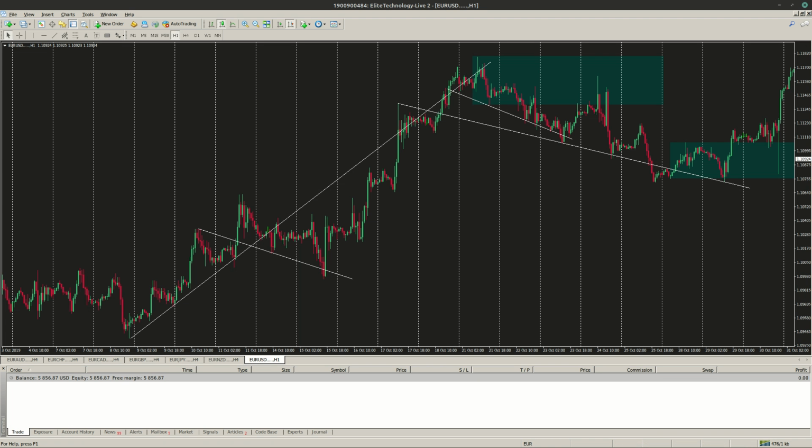I want to look at the Euro USD, and after that I want to look at the Kiwi, and I want to highlight a particular structure to you which appeared on Euro USD. The structure we're looking at goes all the way back to 2010, 2011.